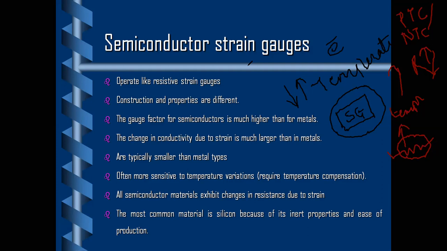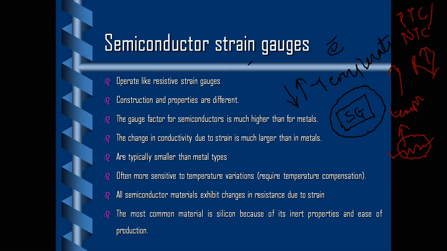The semiconductor strain gauge is sensitive to temperature variation. This is the limitation, and to overcome it there is a need for temperature compensation.